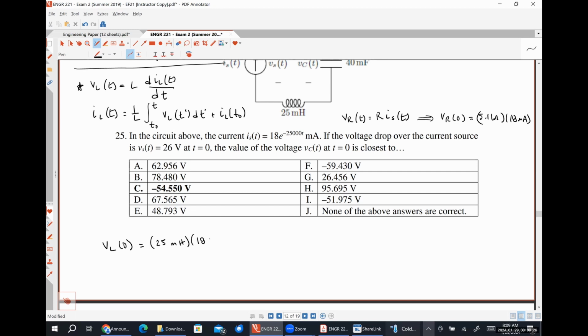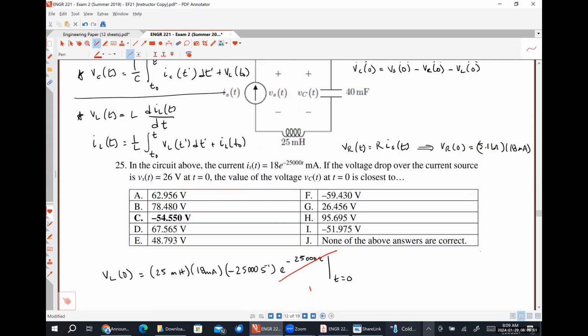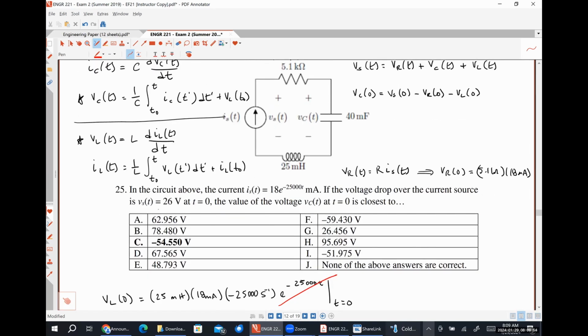So that's going to look like 18 milliamps, negative 25,000 per second, e to the negative 25,000 t evaluated at t equals 0, which effectively just means this whole exponential is just going to look like 1. Right? So I have VL at 0, I have VR at 0, VS at 0 was given to me. Now I solve for VC and I'm done. Next.